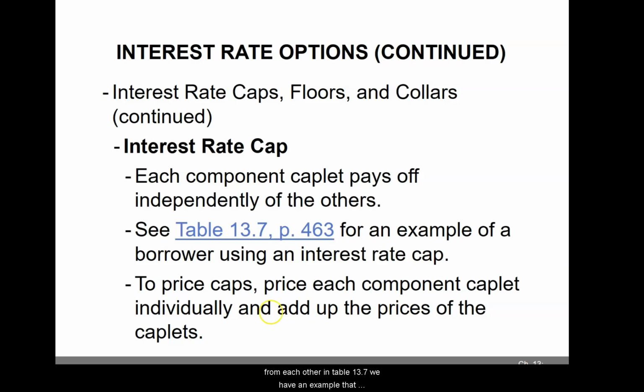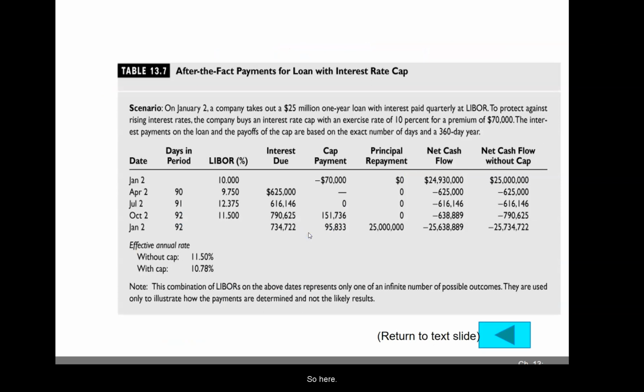In table 13.7 we have an example that illustrates the use of interest rate cap. So here we have a scenario. On January 2, a company is taking out a loan of 25 million for a 1 year period where interest is paid quarterly and the rate is LIBOR.